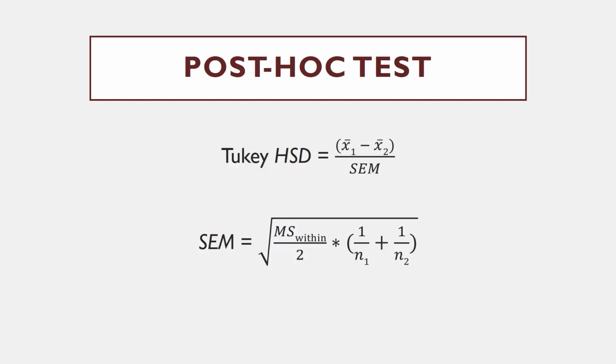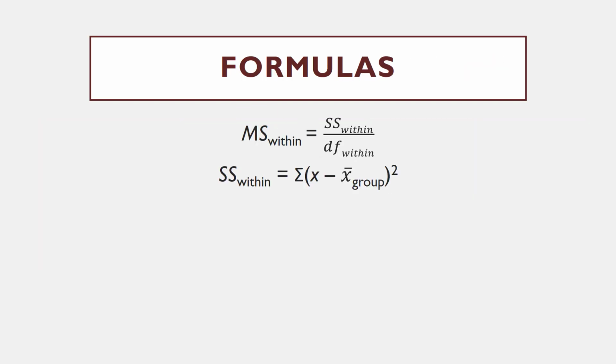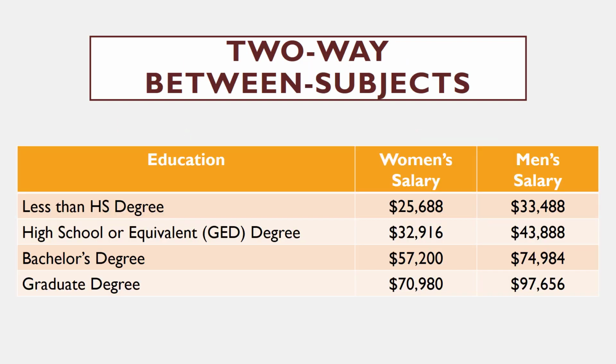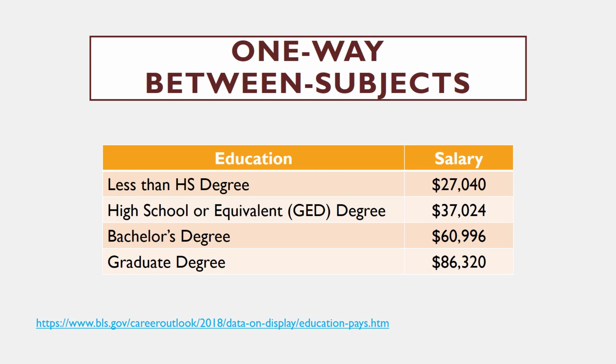The overall test, often referred to as an omnibus test, is useful. It tells us, is there a difference in salary between these education groups? So we're going to flip back real quick. Is there a difference between these?